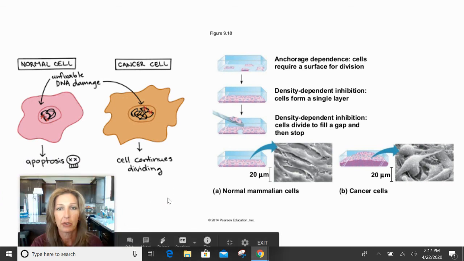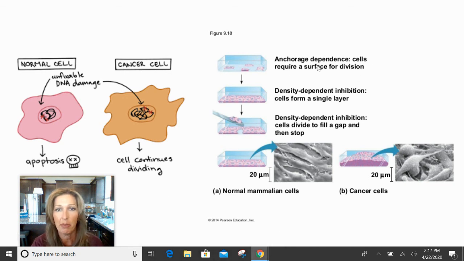Now, when something goes wrong with the cell cycle, some things can happen. So remember with cell cycle controls, some cells have anchorage dependency on the medium or extracellular matrix that they are growing on. There's density dependency: when cells are communicating and butted up against other cells, that stops them from growing. But when we have cells that are no longer abiding by cell cycle regulations, we now get either cancer cells, or sometimes cells that just won't produce normal cells.